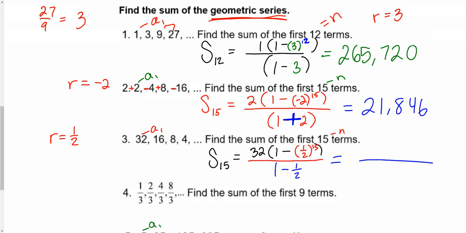What is it? 512 on the bottom? What is it on top? 32,767 over 512. I don't remember where I got 177 from.